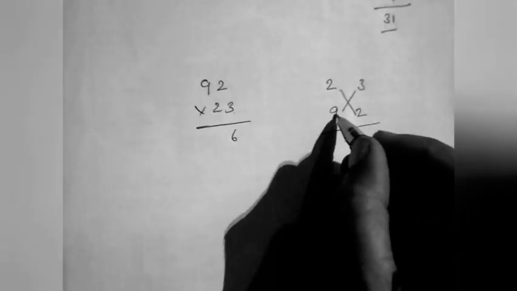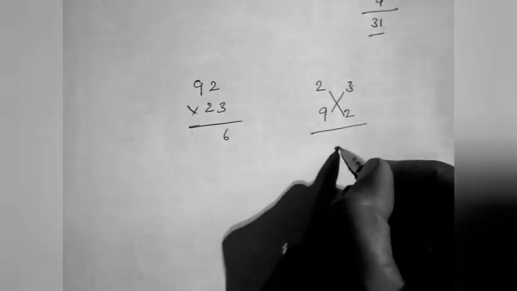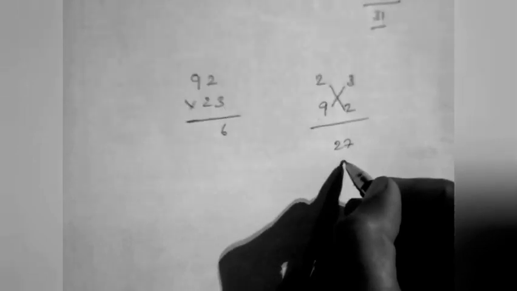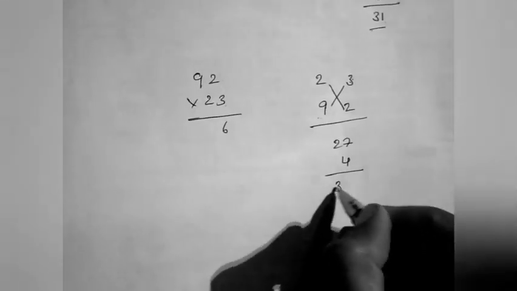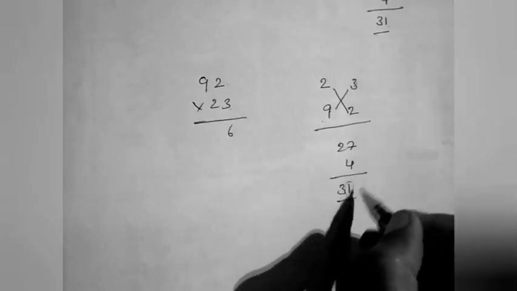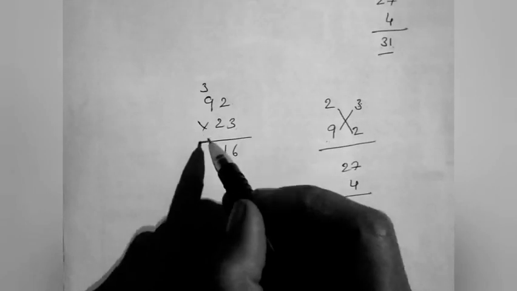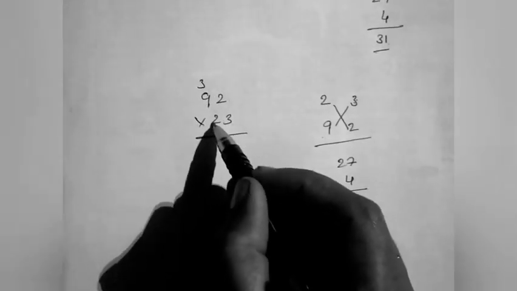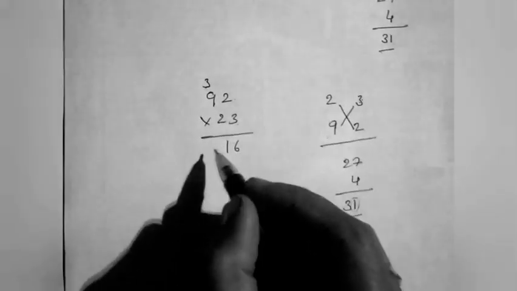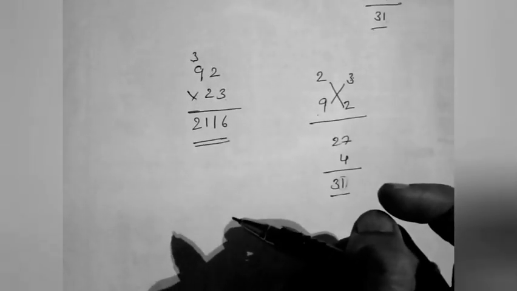We'll multiply in cross. 9 threes are 27 and 2 twos are 4. So it is 31. As a double digit, we'll take the last number, 1, and the 3 we'll add up here. 9 twos is 18 plus 3 is 21. The answer is 2116.